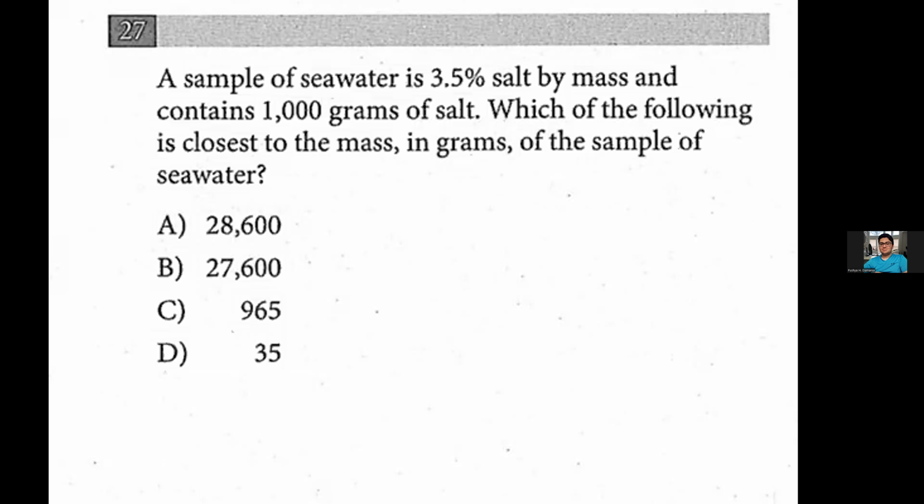Okay, so for question 27, we're told a sample of seawater has 3.5% salt by mass and contains 1,000 grams of salt. Which of the following is closest in mass, in grams, to the sample of seawater? For this question, we first want to figure out the ratio.